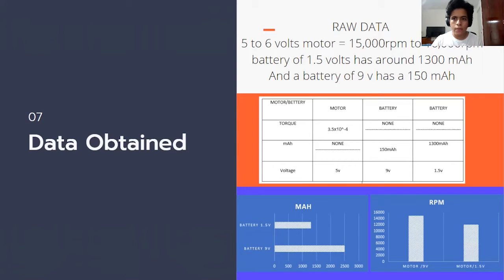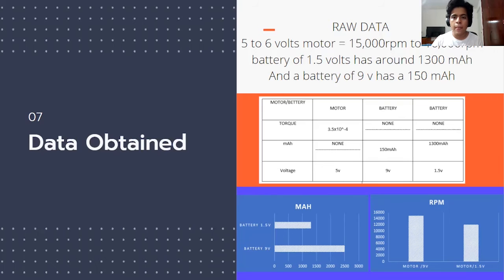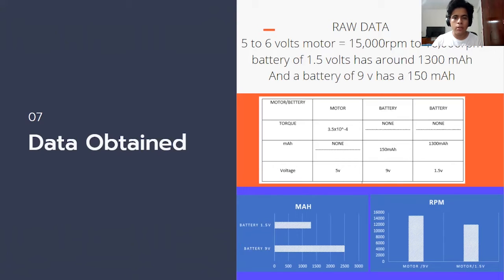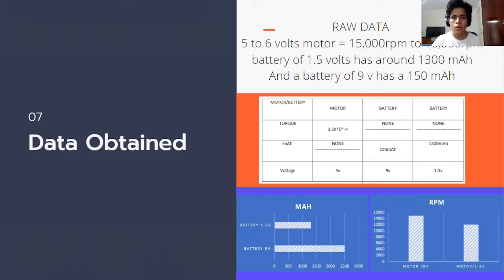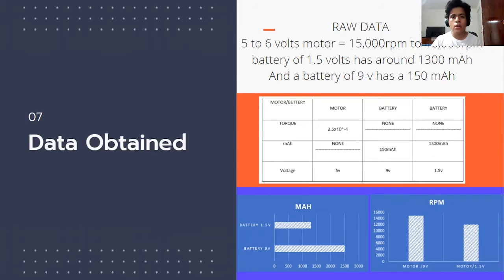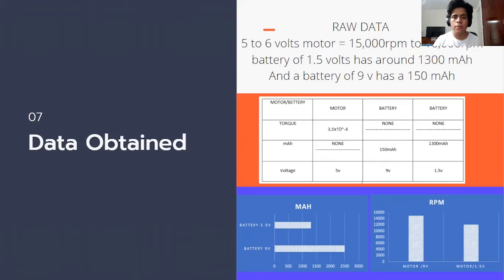1,500 to 1,600. It will depend on the volts of the motor and also on the batteries or the energy source we are using for them. I also had the batteries: one is 1.5 volts, which, as I already mentioned, is the most common battery, and the 9 volt battery, which is this rectangular battery.